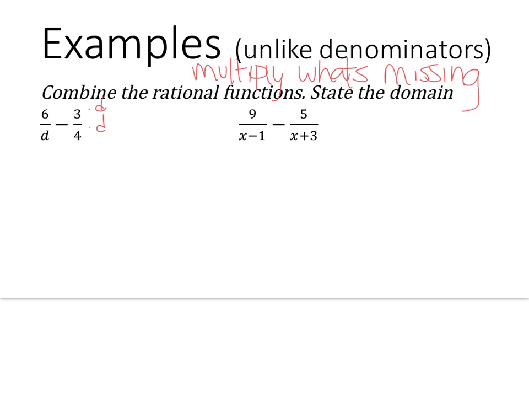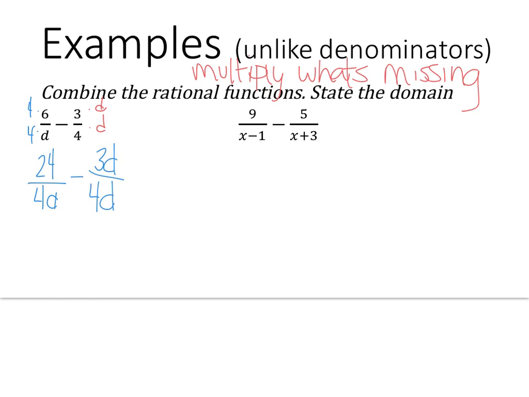So I have to multiply d to top and bottom. Since my second denominator has a 4 in it, I need my first one to have a 4 in it as well. So I'm going to multiply 4 to both the top and bottom. That gives me 24 over 4d minus 3d over 4d. Now you notice I have common denominators.